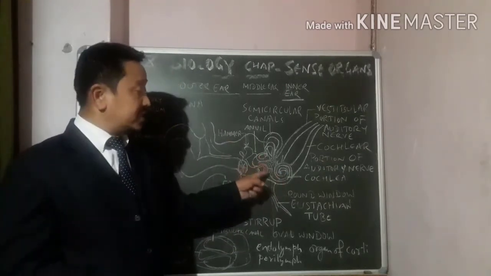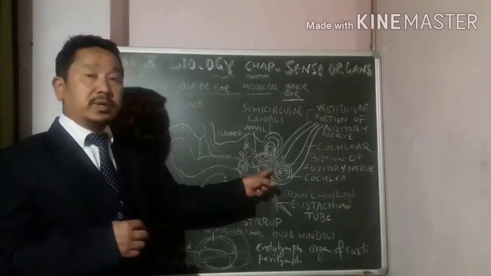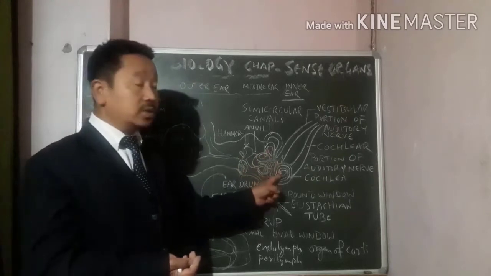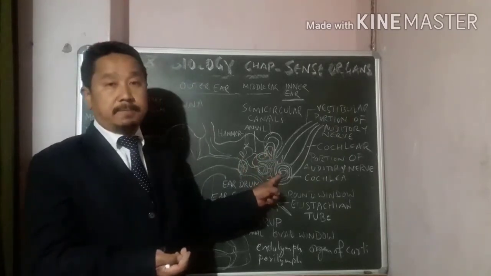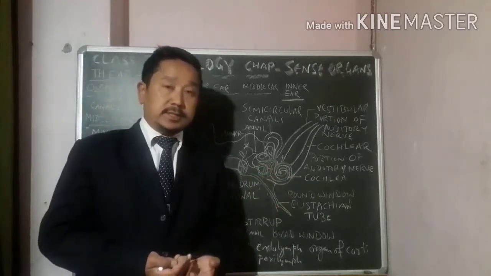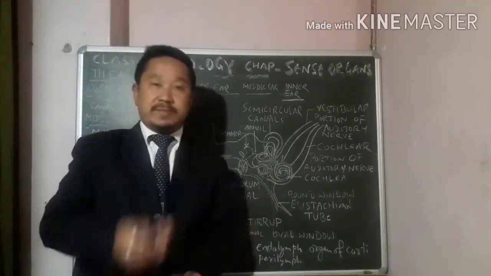That means first the oval window is set into vibration, and from there it goes into the cochlea. Now the cochlea is also vibrating.